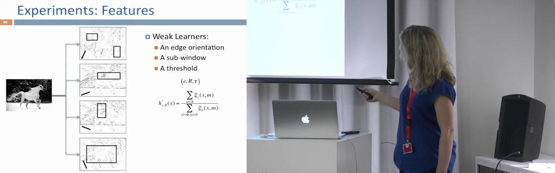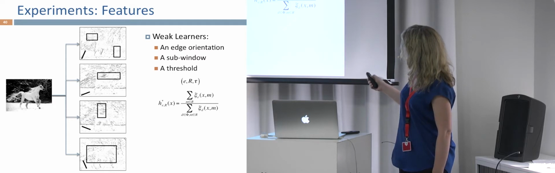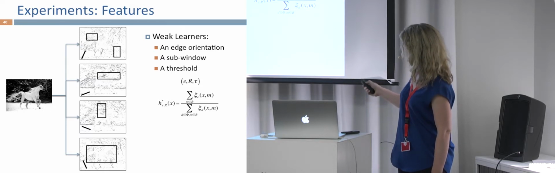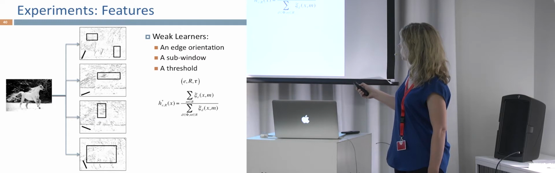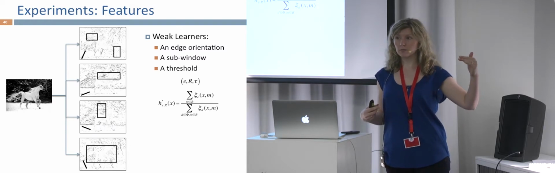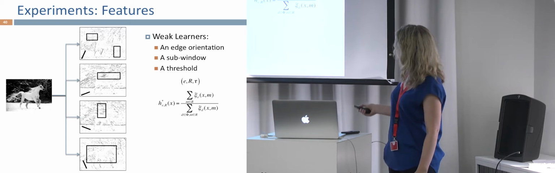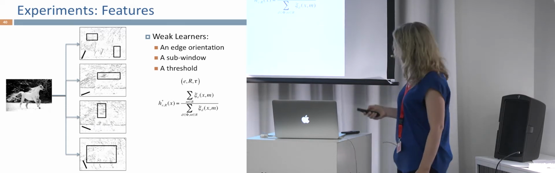Here the orientation is this way. Here this weak learner is counting orientations of this direction and so on. It also has a sub-window where it's computing. So here 2 sub-windows, this is 1 sub-window, and a threshold. It's just going to count how many edges of that orientation are in the sub-window, and then threshold that count. So it's a very, very simple feature. But because we can have lots of them, we can learn a robust classifier.